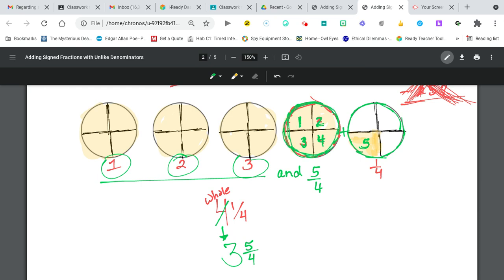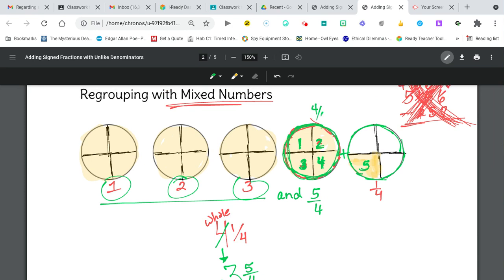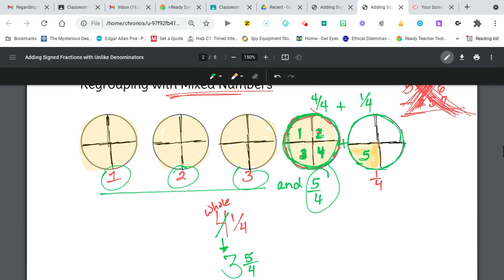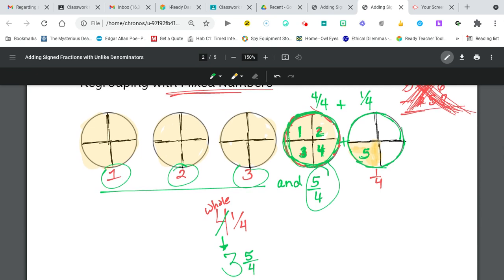It had 1, 2, 3, 4. 4 fourths. Okay? So this is 4 out of 4 plus the 1 out of 4, which is how I got 5 fourths. So when you borrow 1 from the 4, you're actually borrowing 4 fourths.